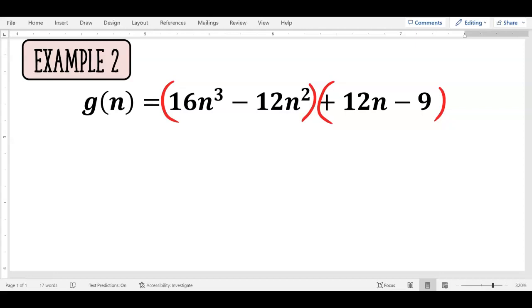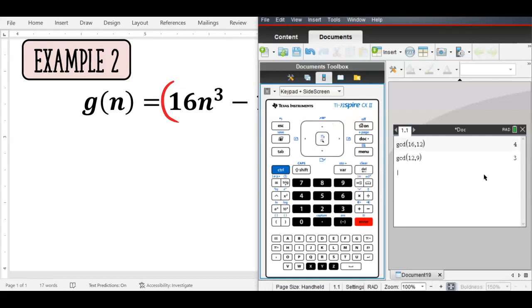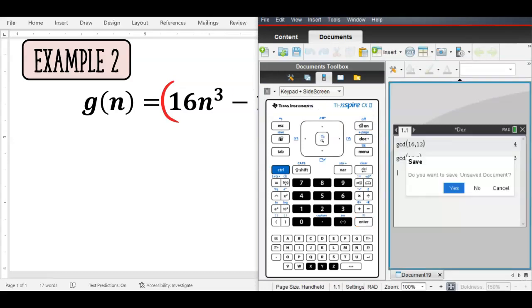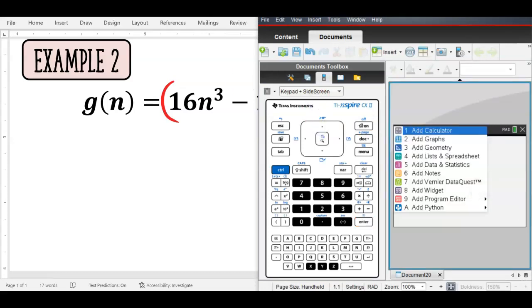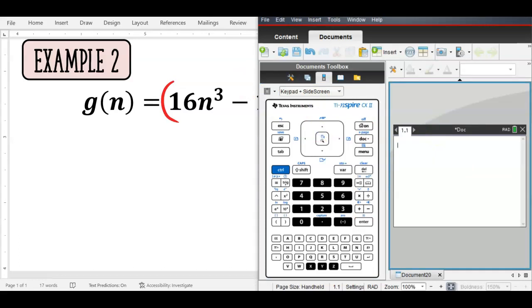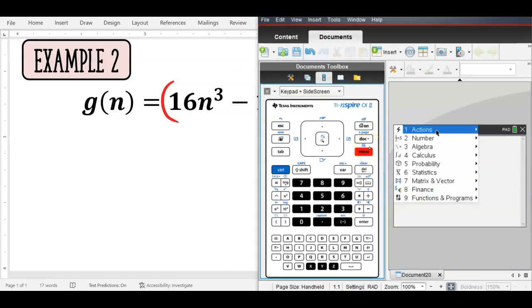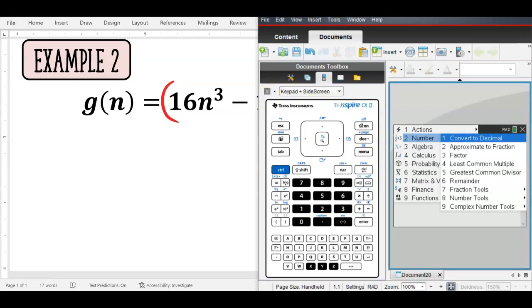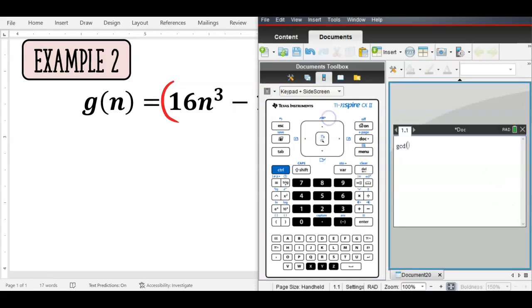What are 16 and negative 12, what's their greatest common factor? I'll ask again. You can guess, or who would like me to show you the way the calculator can tell you? I'm going to show you real quick. If you go to a new document calculator, press menu, 2 for numbers, 5 for greatest common divisor.